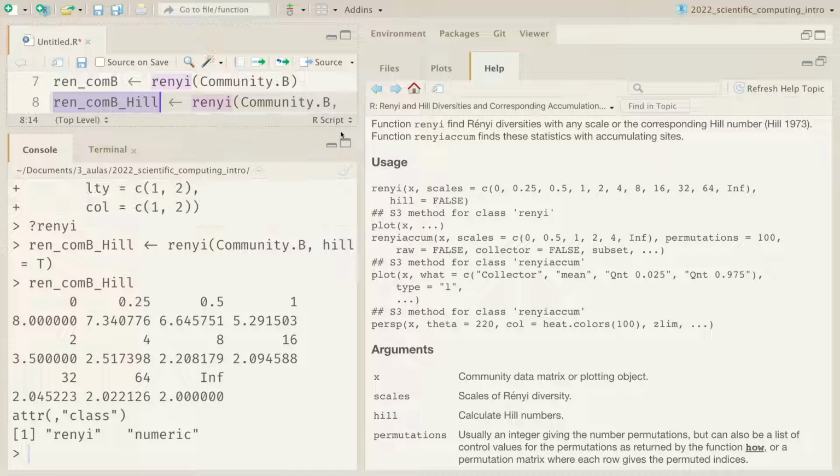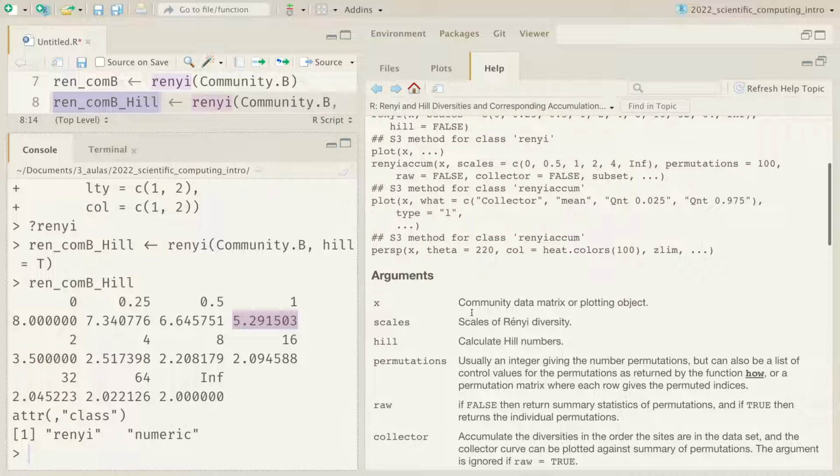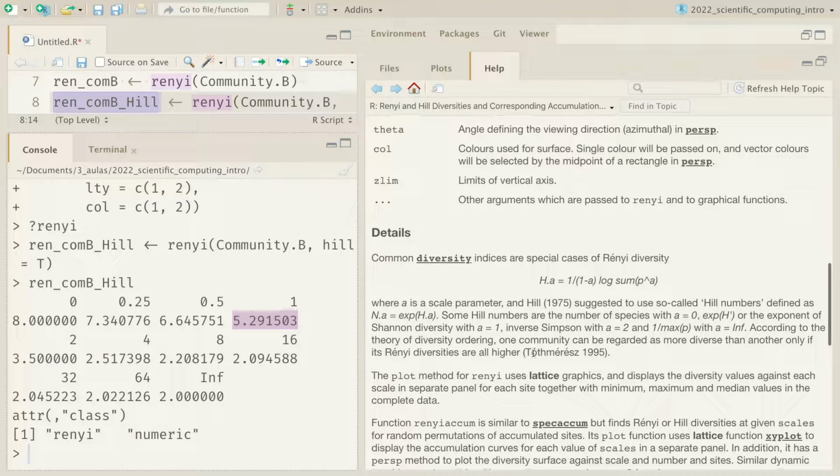The first element in the vector is the number of species. And the element for alpha equal 1 is related to Shannon, but it's the exponent of Shannon.